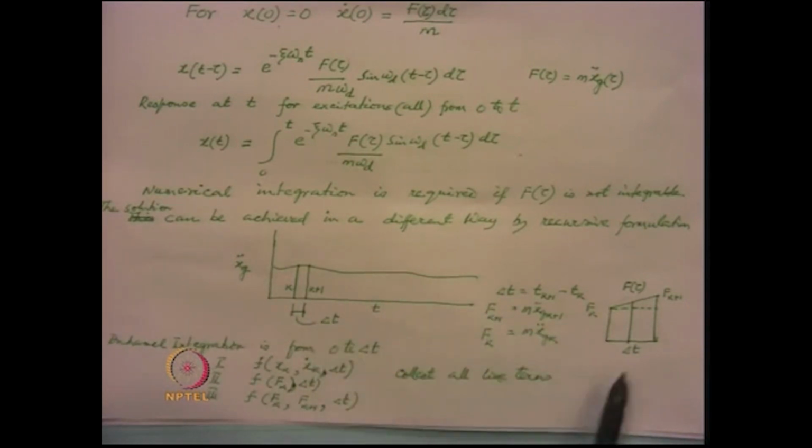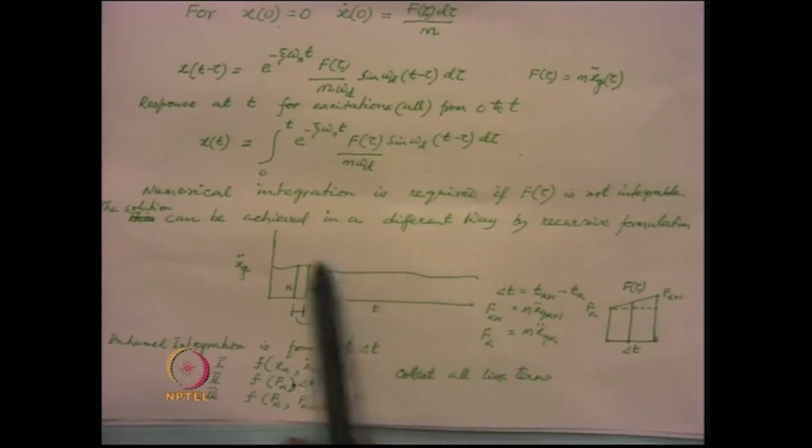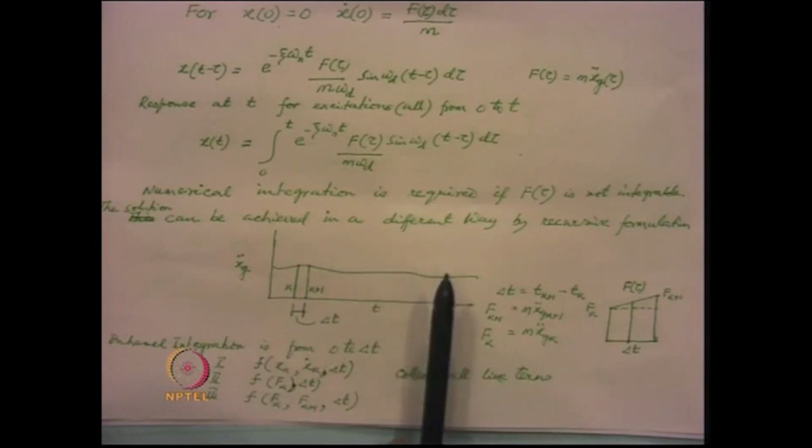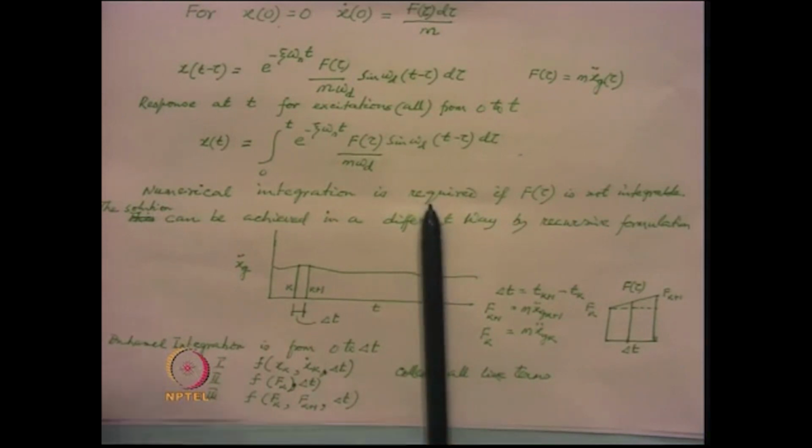So, this is a time marching scheme, but to be used in the case of a Duhamel integration it requires some kind of consideration, that is what is shown over here in this slide.